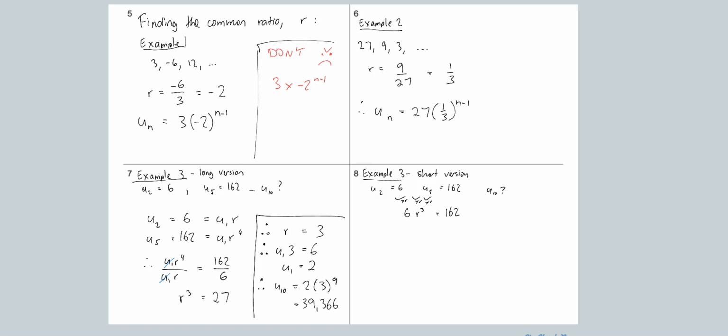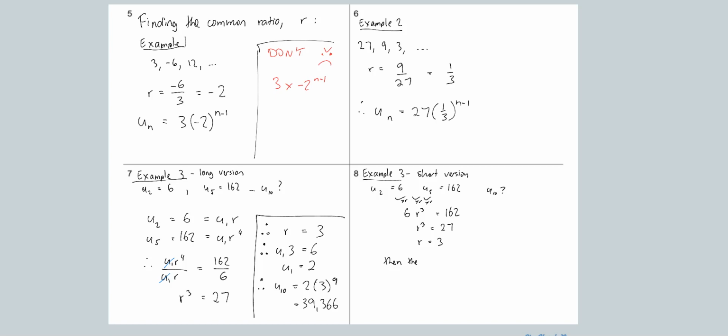Does that make sense? I'm starting with 6. I've had to multiply by r 3 times to get there, and my result is 162. Now I divide both sides by 6, and I'll get 27, and then I'll cube root both sides to get r equals 3.